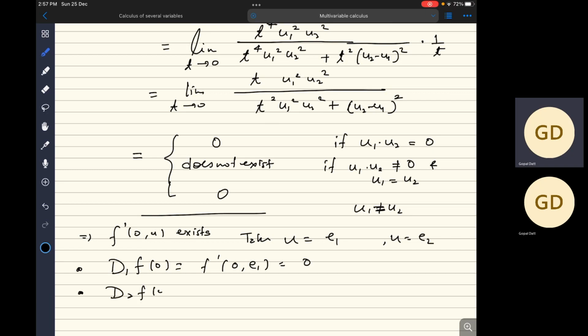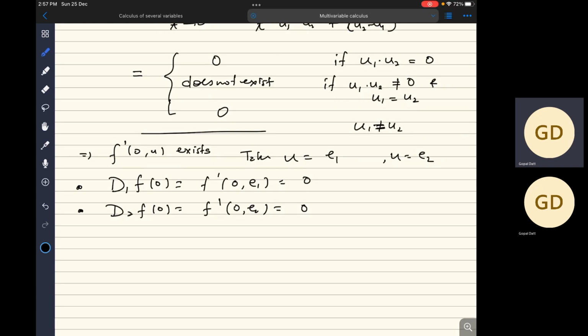What is d2f of 0? This is f dash 0 e2, again 0. This means the Jacobian matrix exists.